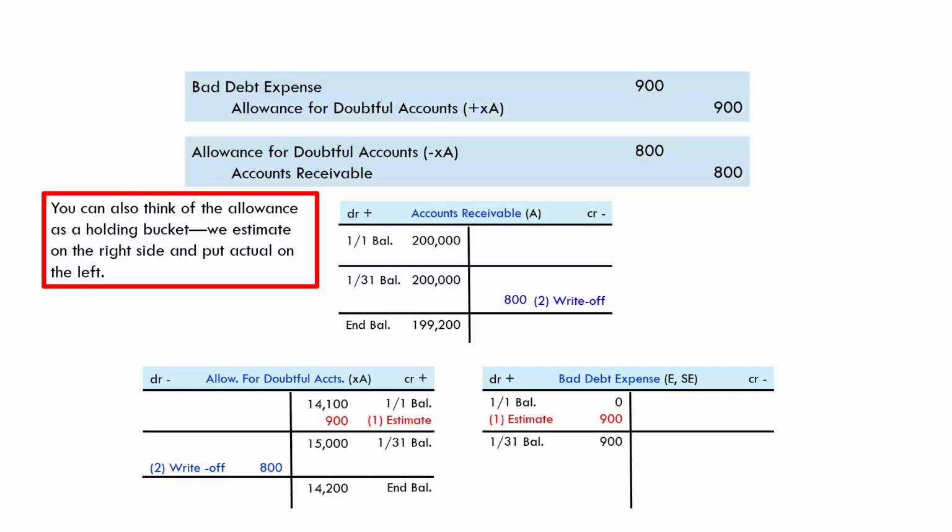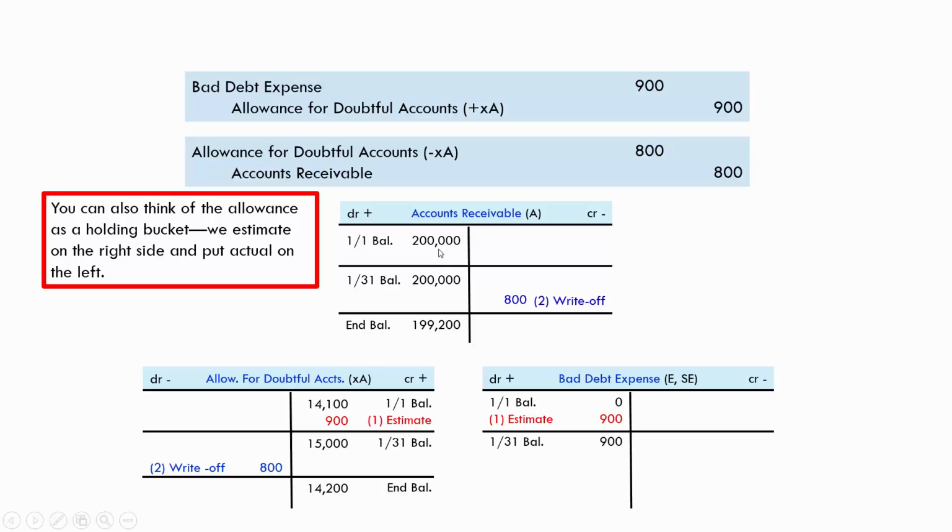So we have a holding bucket then, and when you go down and look at the T accounts, you see we started off with an estimate of bad debt for our previous sales, our sales prior to this month. And now we have another amount coming in for our sales for this month, and we also have $800 being taken out of this holding bucket as we specifically identify those accounts. And so this balance in the allowance for doubtful accounts goes up, goes down, but it has a normal credit balance.